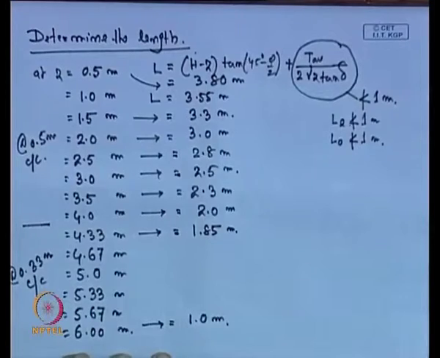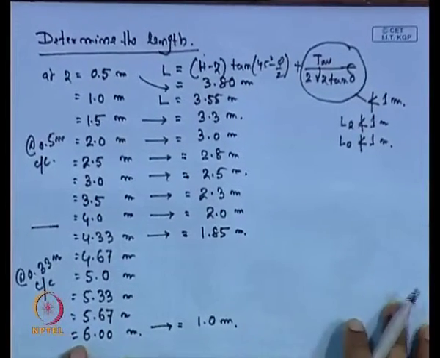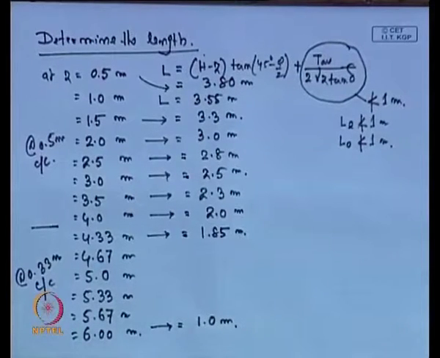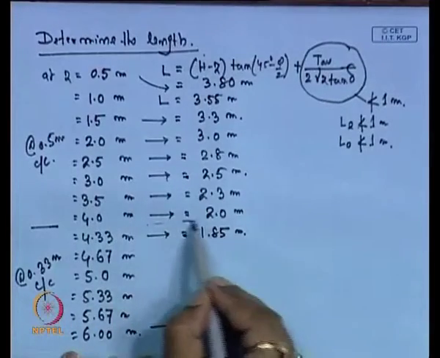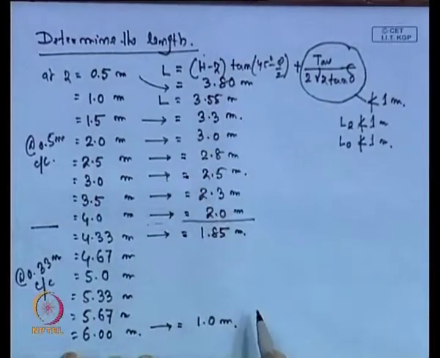Now, during the spacing we have taken the spacing at the rate of 0.5 meter from 0 to 4 meter and 0.33 meter from 4 to 6. Here also the maximum length requirement up to 4 meter is 3.8.